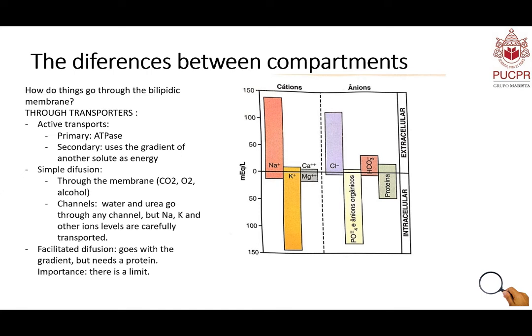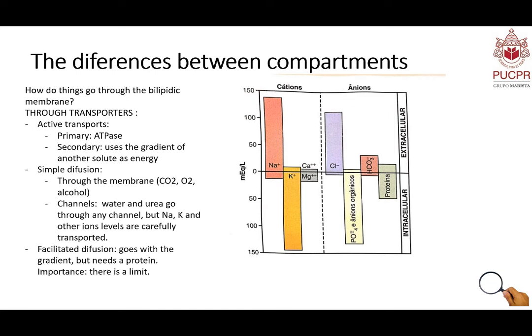And this is interesting because this limits the amount of substance that can go inside the cell. It's not purely defined by the gradient. It also depends on how this protein manages to change its structure to put this substance inside or outside the cell.